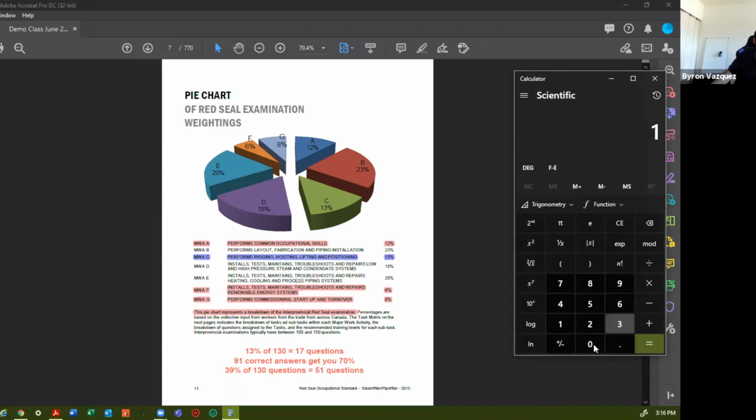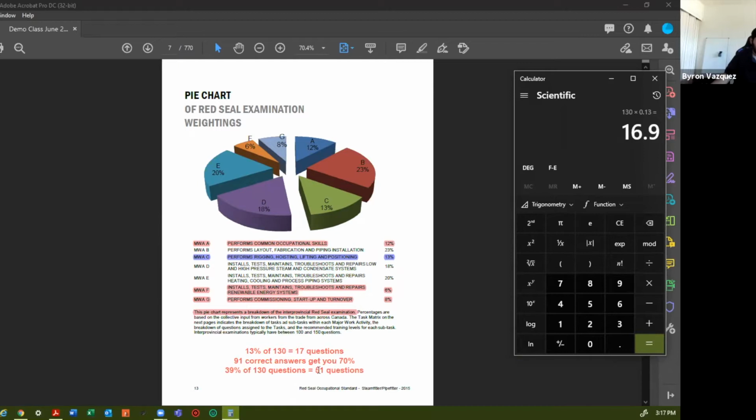We have 130 total questions, and major work activity C is worth 13%, which equates to 17 questions. That's how this pie chart works: each percentage consists of so many questions. For major work activity C, we get 17 direct questions.